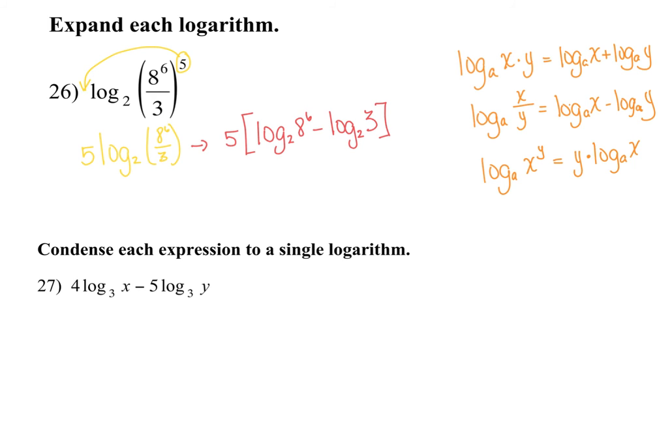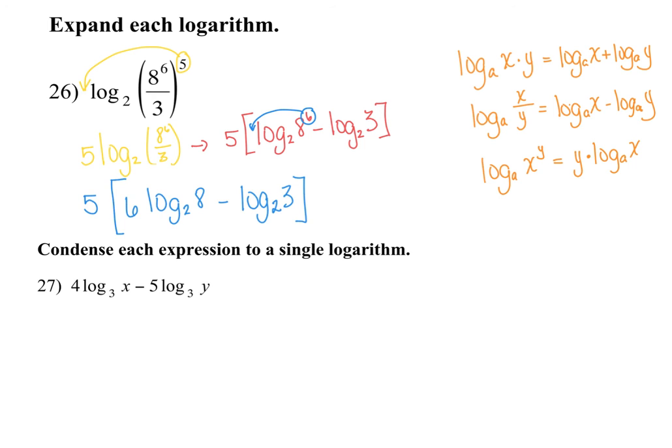I can still expand a little bit more because I have another exponent that can go in front of this one. So I have 5 times 6 of log base 2 of 8 minus log base 2 of 3.